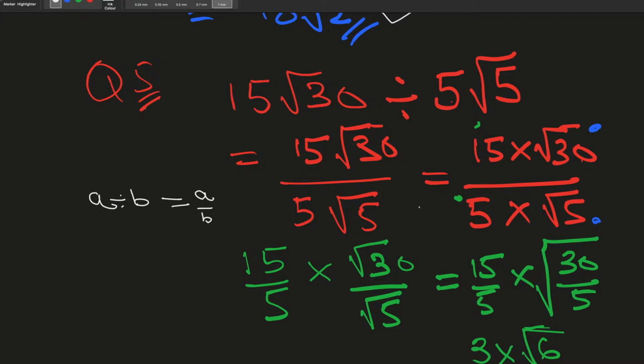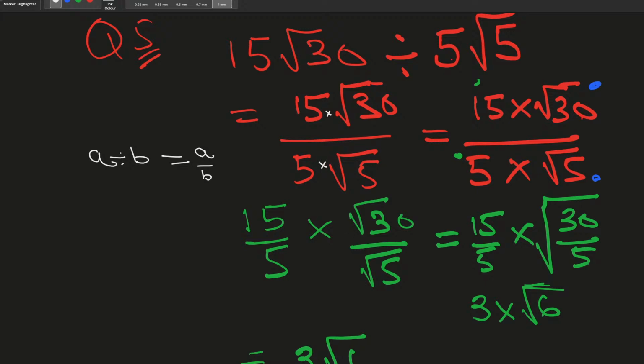Okay, after that, we know they are multiplying. This means they are multiplying, so we applied that property. So 15 times root 30, and 5 times root 5. Then we split them. So 15 over 5 times root 30 over root 5.